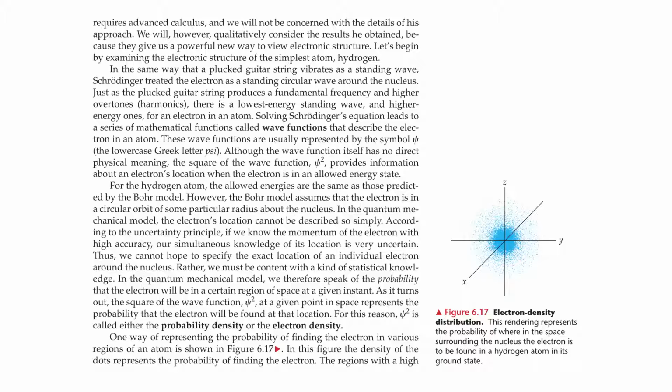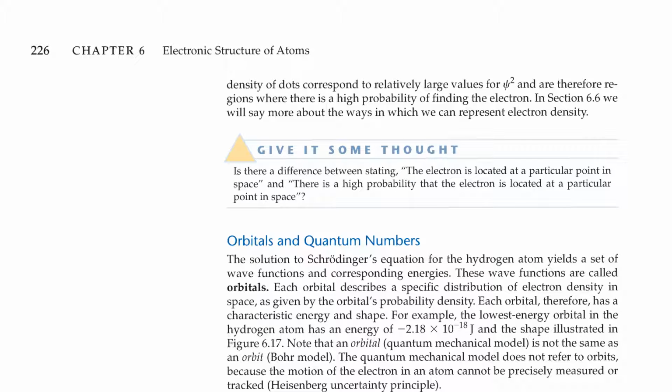In this figure, the density of the dots represents the probability of finding the electron. The regions with a high density of dots correspond to relatively large values for psi squared and are therefore regions where there is a high probability of finding an electron. In Section 6.6, we will say more about the ways in which we can represent electron density.